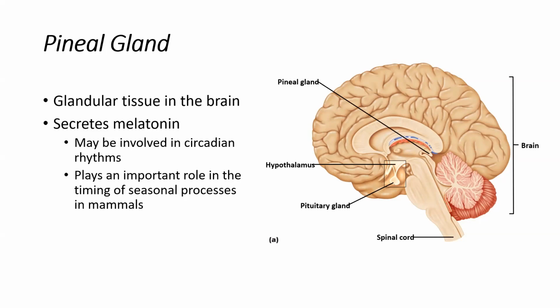Melatonin is also released in response to our exposure to sunlight, as I was talking about earlier. So when we're exposed to lots of sunlight, we decrease our melatonin secretion. This helps us to be awake and alert throughout the day. Whereas if we are exposed to a lack of sunlight, in the evening or as it gets darker, we secrete more melatonin as we're not getting enough of that sunlight.